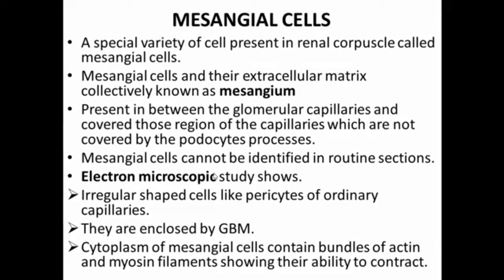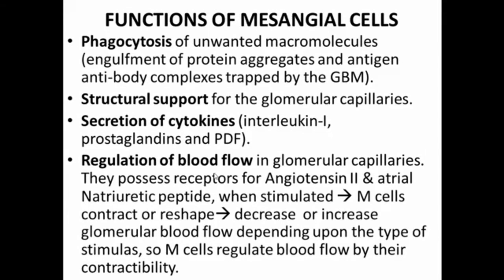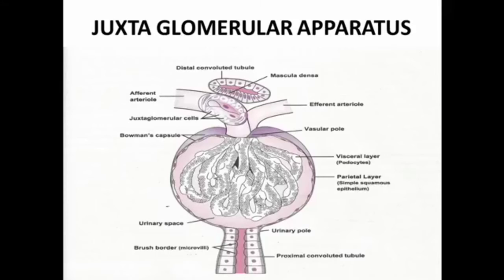Mesangial cells cannot be identified in routine sections. Electron microscopic study shows irregularly shaped cells like the pericytes of ordinary capillaries. They are enclosed by the GBM. The cytoplasm of the mesangial cells contains bundles of actin and myosin filaments, showing their ability to contract. And the functions, I have already told you: phagocytosis, structural support, secretion of cytokines, and regulation of blood flow.